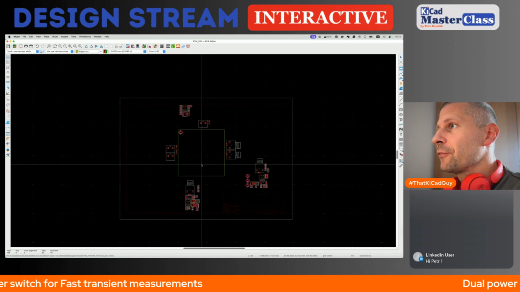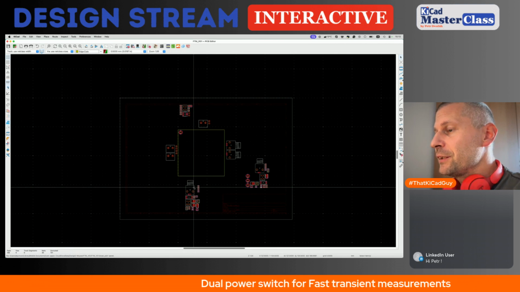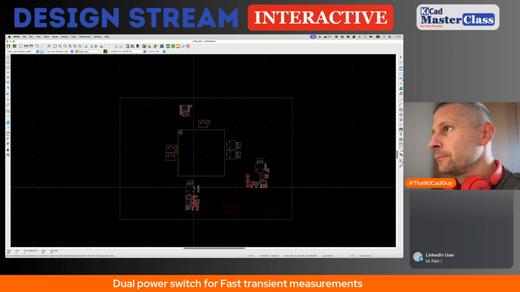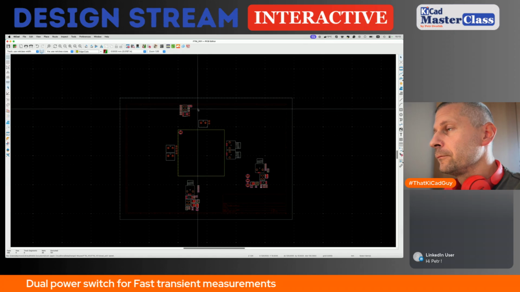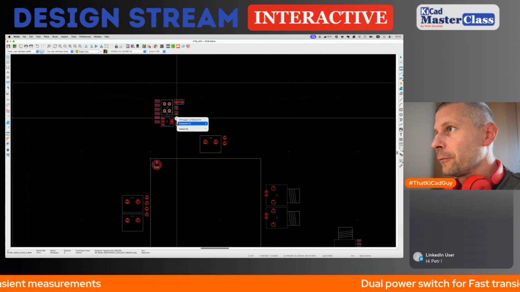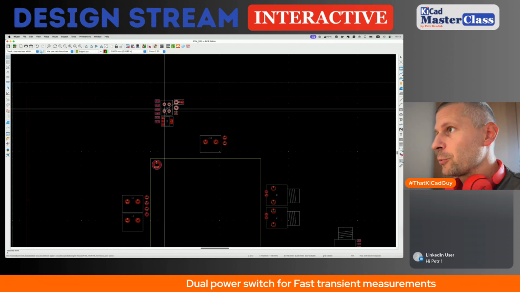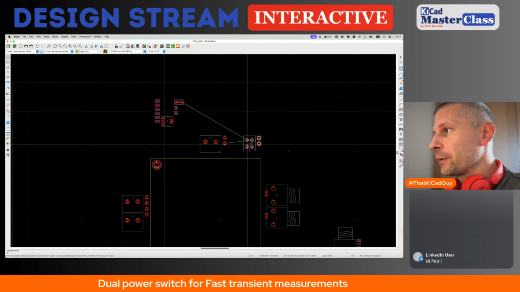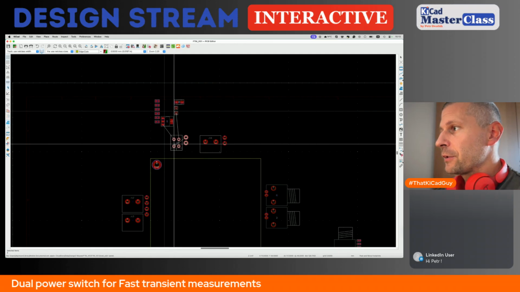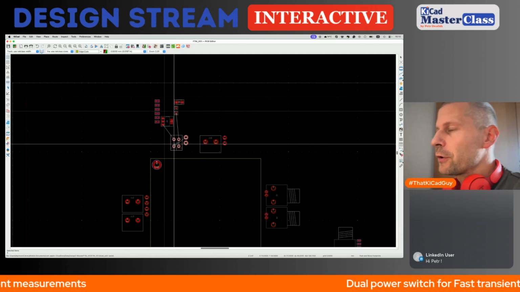And we have two measuring BNCs. Plus we have a terminal with external power supply as well connected here. Here is the input, and the power supply will be used for supplying the power input.